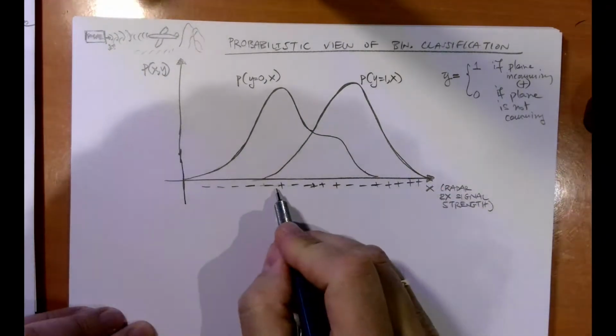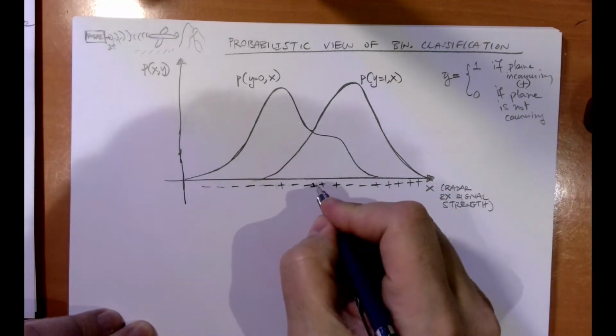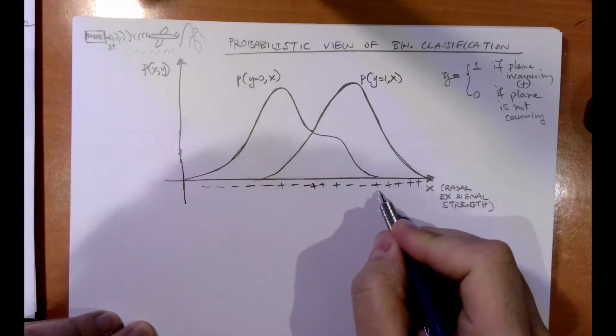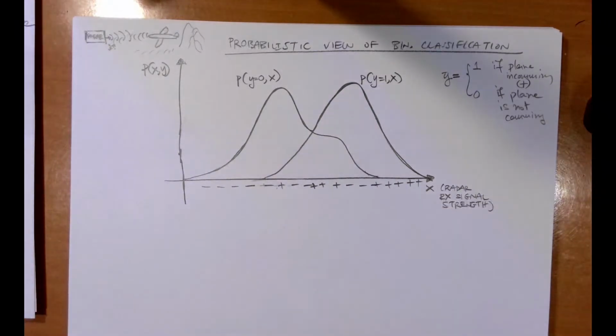So there is this region where we expect to see a mixture of both positive and negative events because of this overlapping situation.